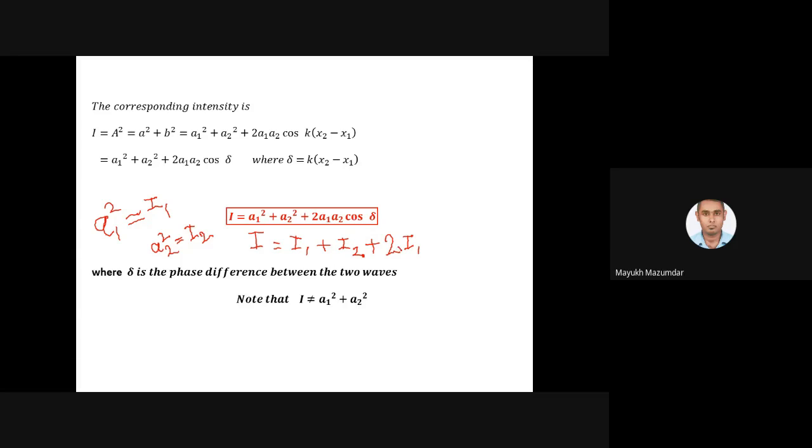So root over I1 root over I2 cos delta. Are you getting my point? What I said, this equation can be written like this as well, keeping in mind that intensity is equal to the square of amplitude.